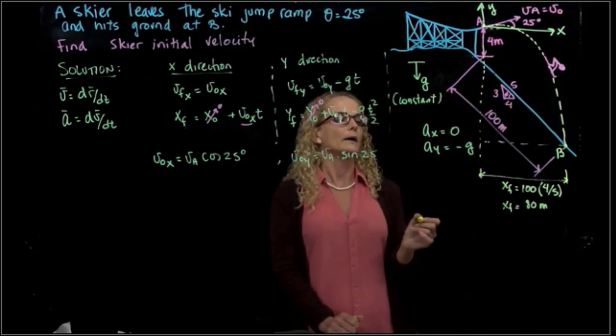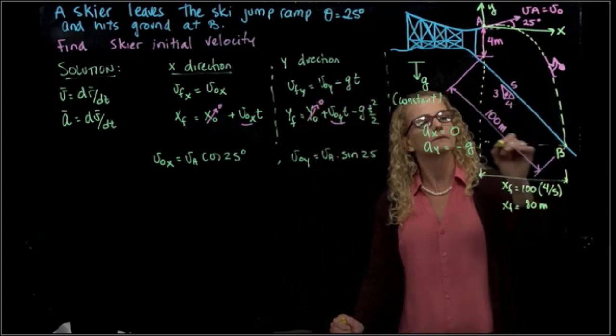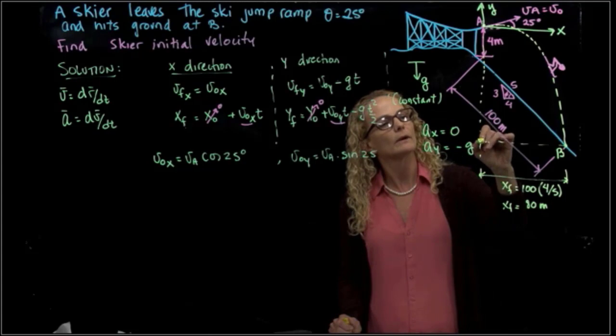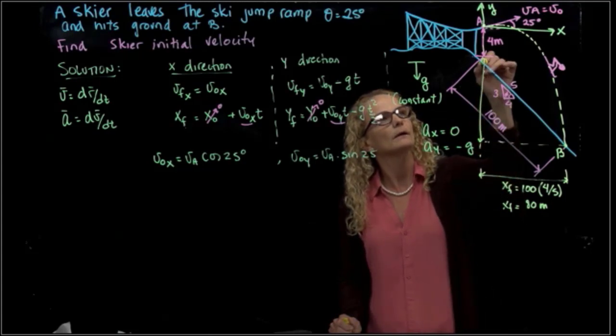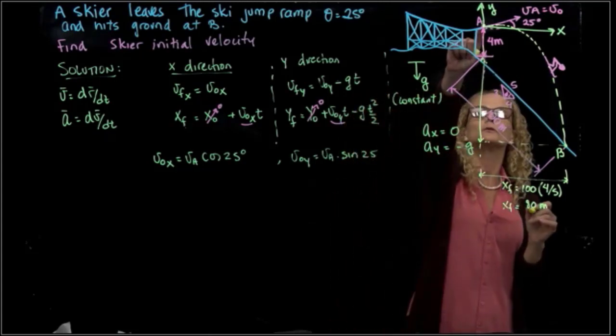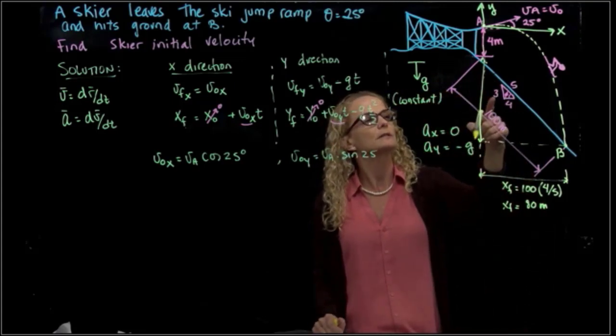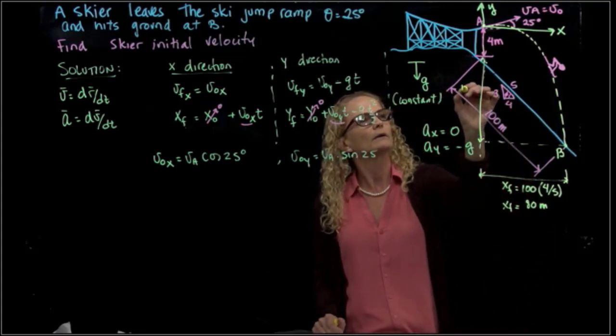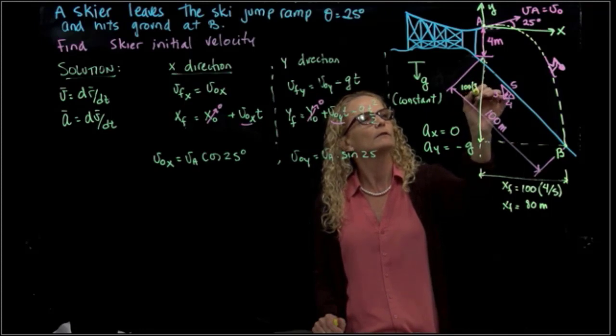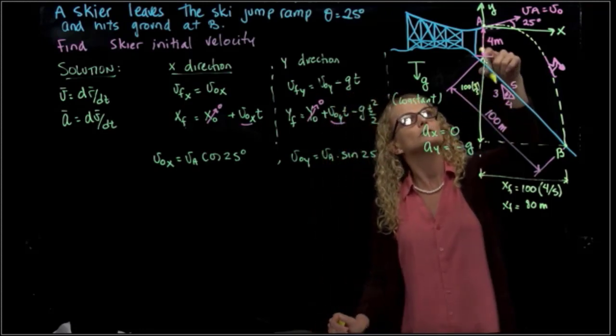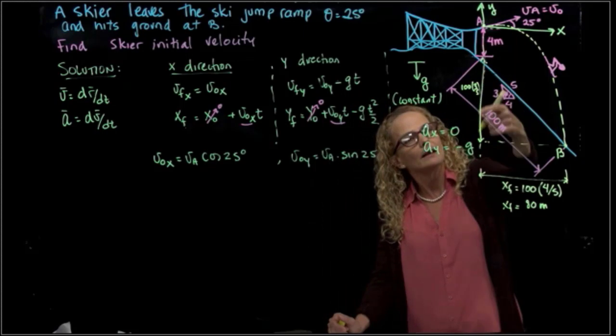What about the y? The y will be very similar. The y will be that one right here, but we have to add those 4. So what is the y right here? It will be that 100 times 3/5, which is 60, plus those 4, and that will be a negative value.